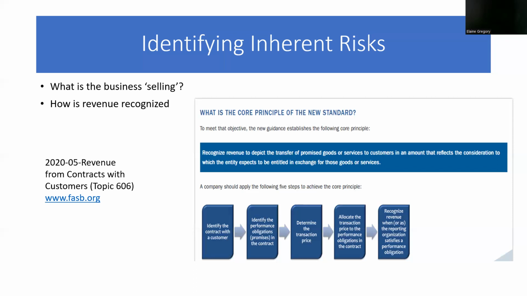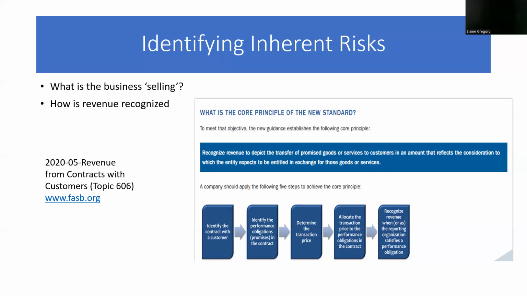First, we have to identify the contract with the customer. Is it an individual contract? Is it a contract that encompasses any sales with that customer? Are there contracts set up for the different types of products or goods that are being sold by the client?